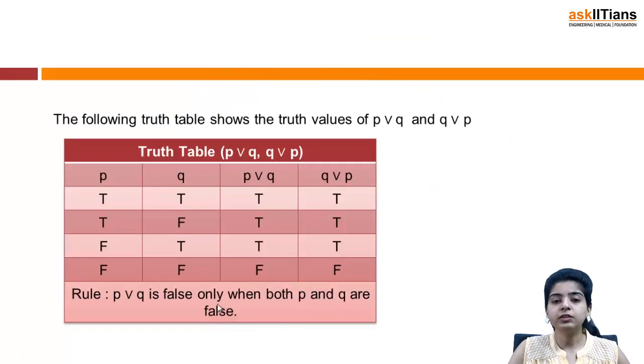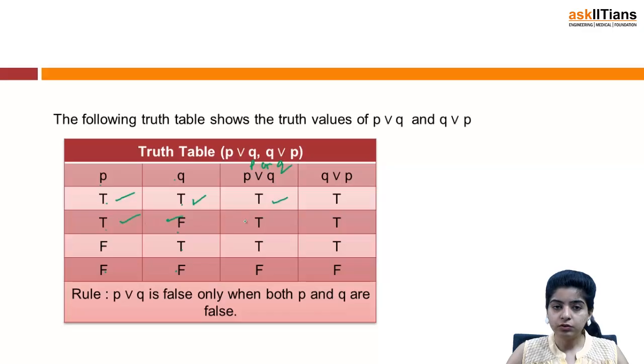So let's discuss the truth table for P or Q. Similarly, as we discussed in case of conjunction, P and Q, you have two columns. You have the cases true, true; true, false; false, true; and false, false. So we have this as P or Q. True or true will be true. Both of them are true, P or Q is true. Either of the two is true, P or Q is true. When both of them are false, then P or Q would be false.